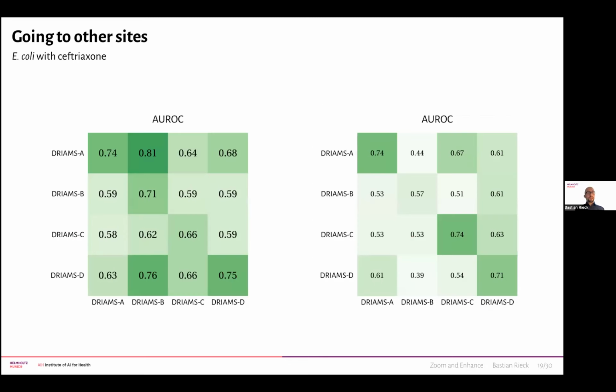But of course, that's not all. All the results that I showed you before are for a single site. As you might remember from when I told you about the data, we have 4 different labs. They differ in size, so not every site has the same number of spectra available. There are also some confounding factors in there, which we'll deal with in a few minutes. But everything that I showed you has only been done for one site.